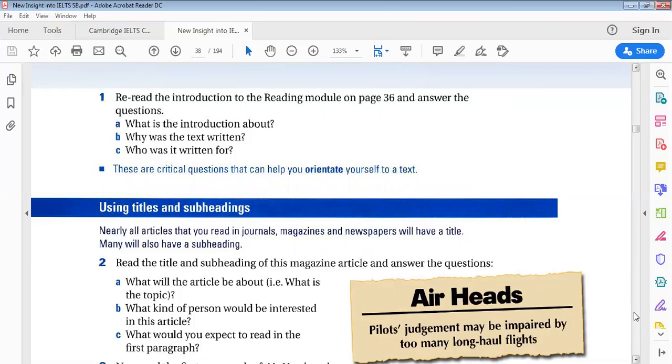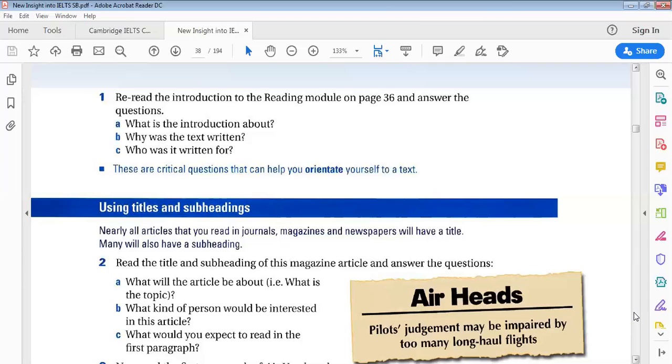The reading module consists of three sections, and each section has its own question types, and the whole reading module consists of 2,750 words. Then we have to fill out 40 questions, and we have to answer each question within the period of time. There will be no extra time.